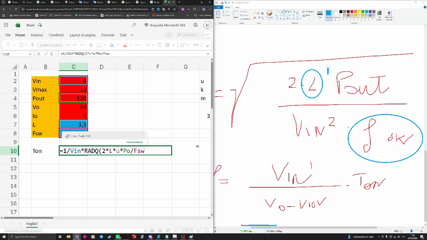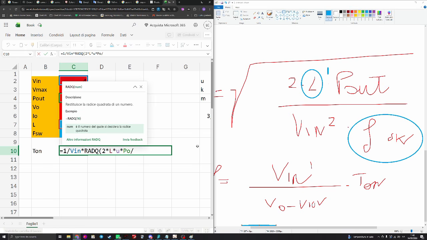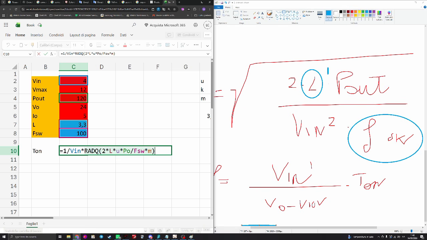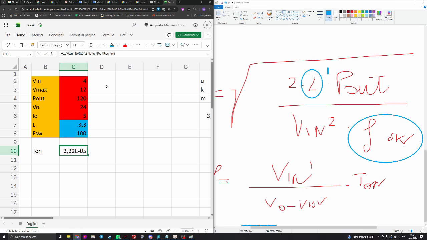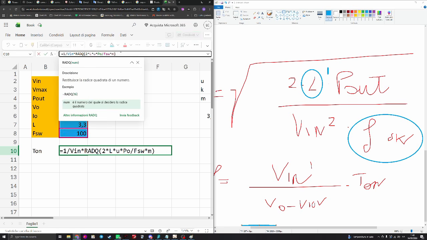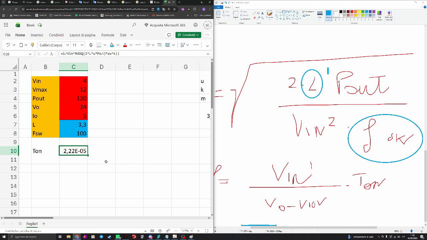Of course, we need the K. Remember to put the K or to put the milli easily, because otherwise I have to put this in parentheses, but you get the point. Or if you want really to be safe, you could put this guy in parentheses and just write K. But it's the same. I mean, it's basic math. So this is our T on guy, okay? According to the SPICE simulation, it is 2.2 times 10 to the minus 6.